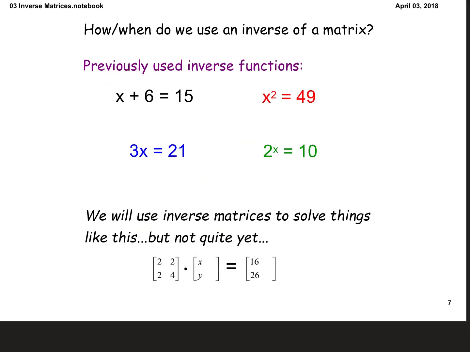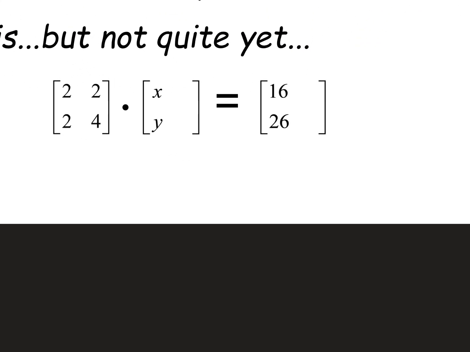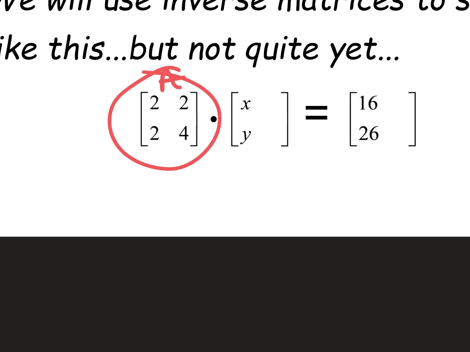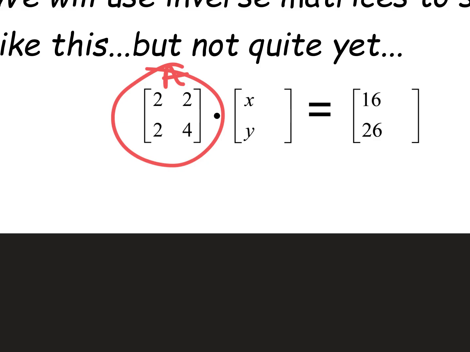You're going to be given problems like this on your test. You're going to be smart enough to know, oh, I got to get rid of this so that I can solve. Oh, yeah, I'm going to call this matrix A, and then I'm going to multiply by the inverse of A, and I remember that you have to do it on the left.